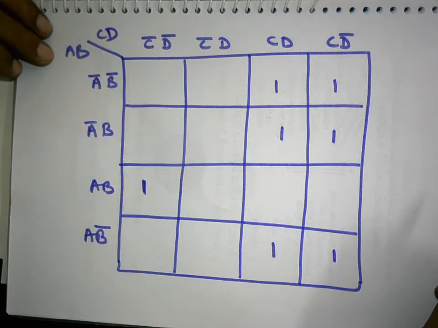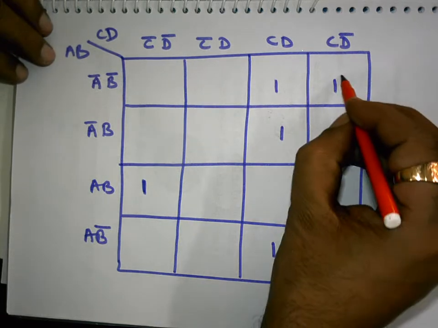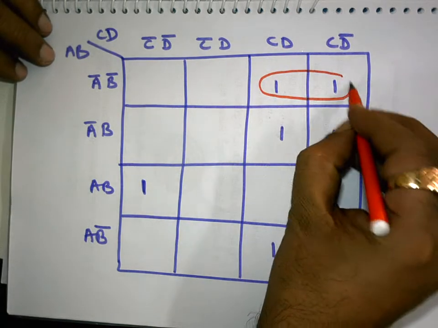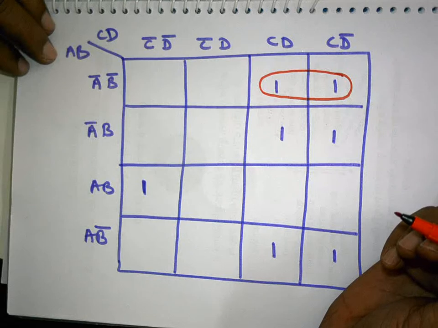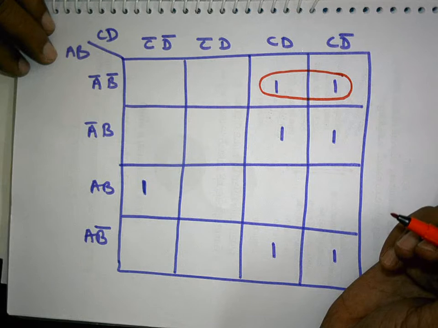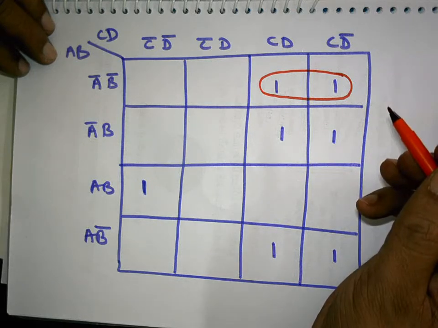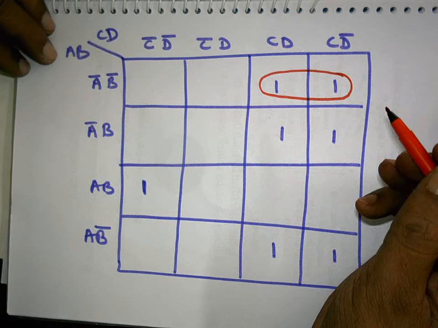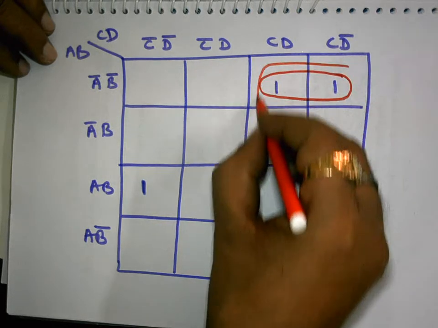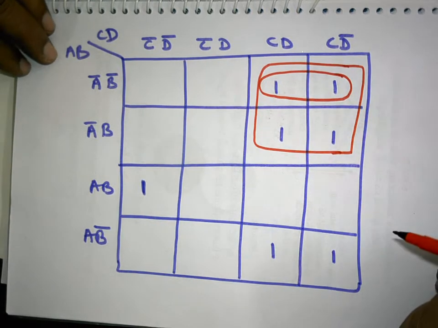If somebody wishes to form a group, maybe he is not correct, and he forms a group of these two ones. So this is a non-prime implicant. Why? Because we can form a bigger group, meaning we can form the biggest possible group.